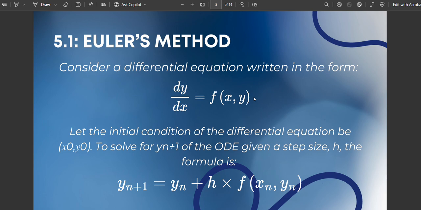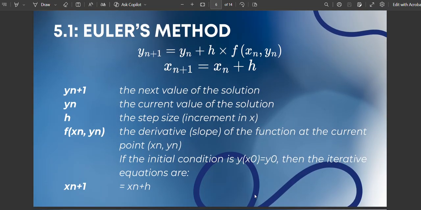We let the initial condition of the differential equation be x sub 0 and y sub 0 to solve for the new value y sub n plus 1 of the ODE given a step size of h, or the increment, where the formula is y sub n plus 1 equals y sub n plus h, or the increment, times the function of x sub n and y sub n.